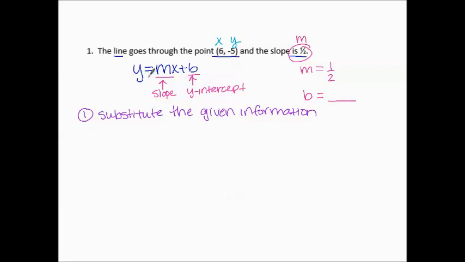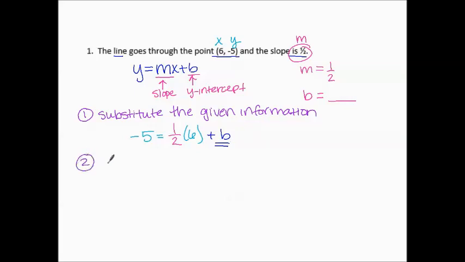And I'm going to substitute those three pieces of information into my equation. So I know that I have y. My y-coordinate is -5. So I'm going to write -5 equals my m, I know is 1/2, my x-coordinate is 6, plus b. And now I need to solve for b.